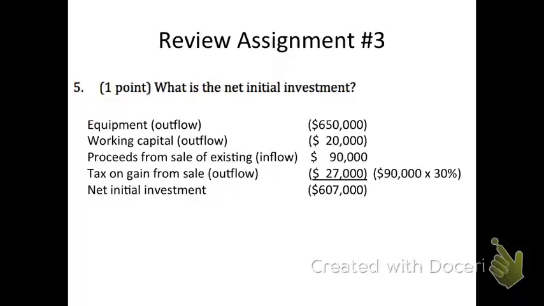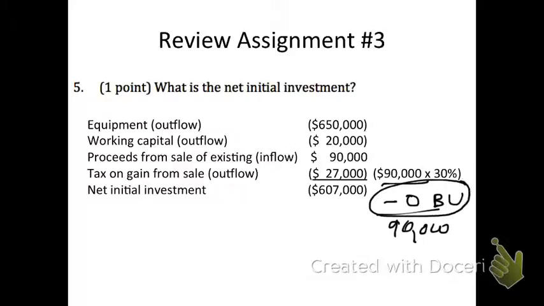Since the book value here is 0, this is minus 0 book value, so the total gain is $90,000. I multiply that times the tax rate and I get a total tax of $27,000, and my total net initial investment is $607,000.